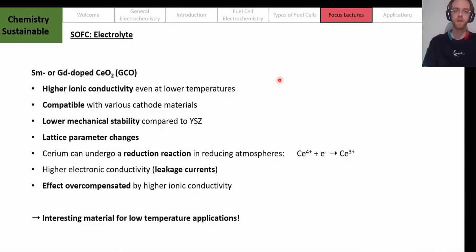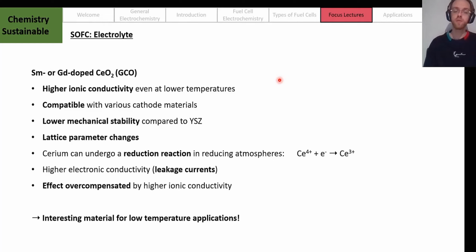Another electrolyte considered for use in SOFCs is the so-called samarium or gadolinium doped cerium oxide, or GDC as an abbreviation. This material has a higher ionic conductivity, and the great thing about it is that even at lower temperatures it can be significantly better than the YSZ we've seen before.